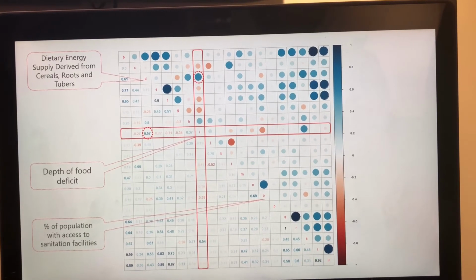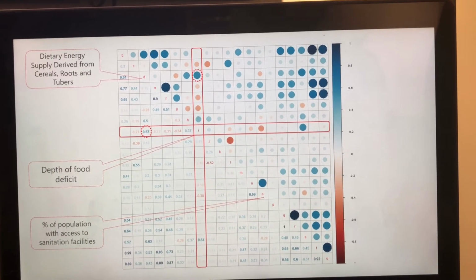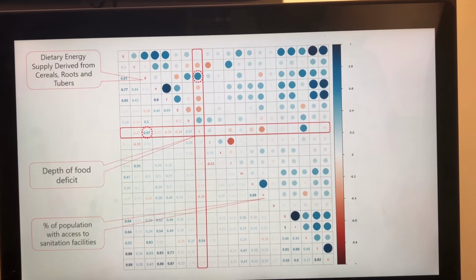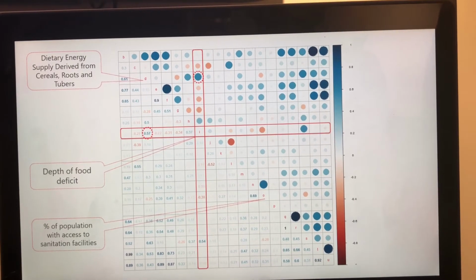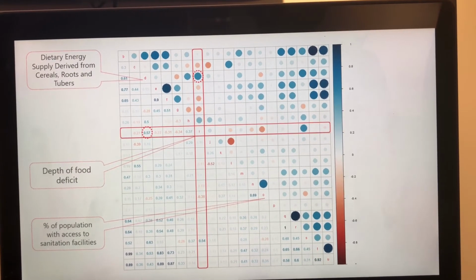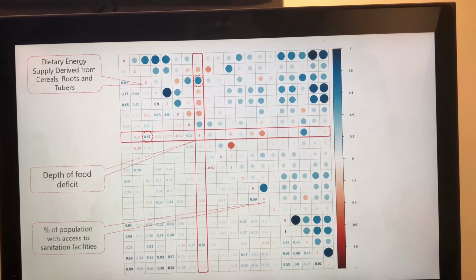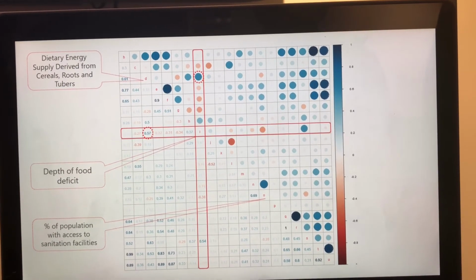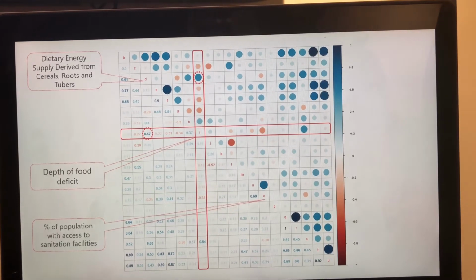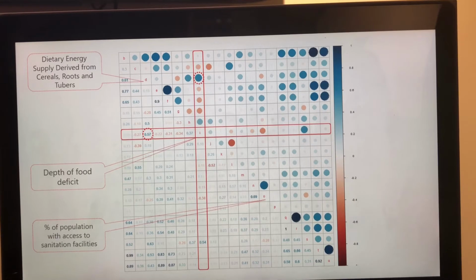In the plot, we can see an increase in energy derived from cereal and tubers corresponding to an increase in food deficit. And on the other hand, an increase in access to sanitation facilities corresponds to a decrease in food deficit. This plot is just a representation of how these indicators move and does not confirm whether these indicators actually cause food deficit to increase or decrease.